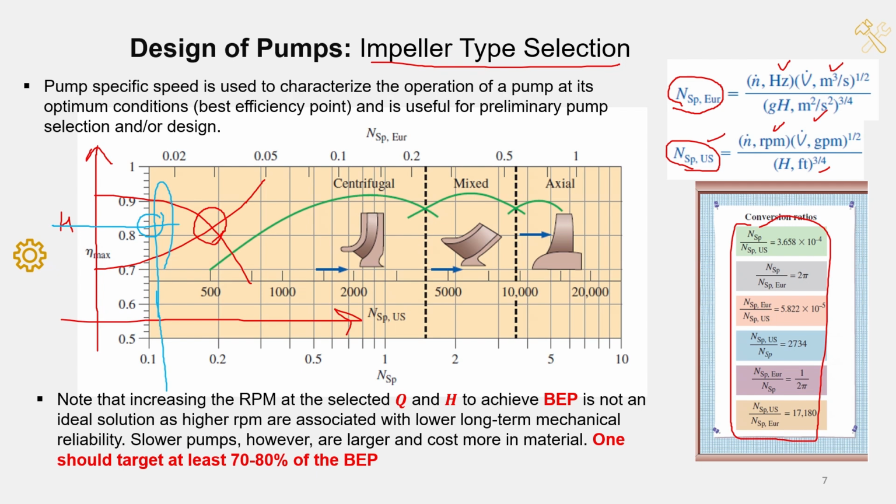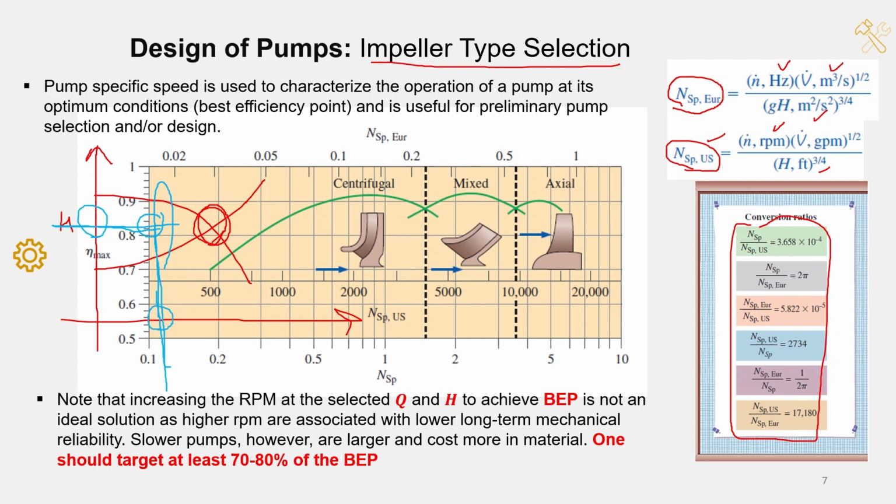In other words, assuming that you want this flow rate and this head, but you want the pump to operate near the best efficiency point, increasing the RPM is not a good idea to shift the performance curve at this specific flow rate and head.